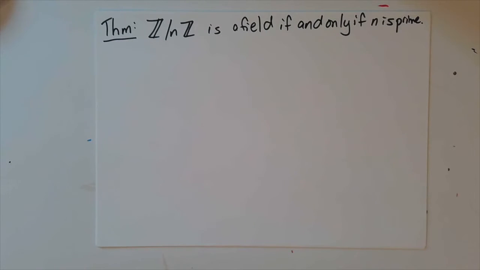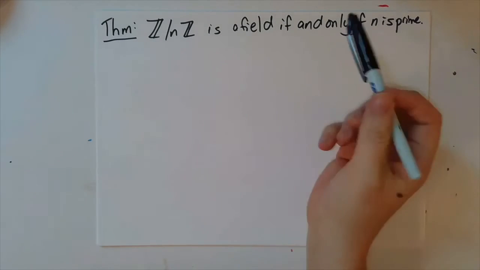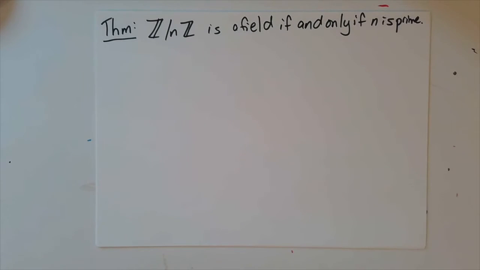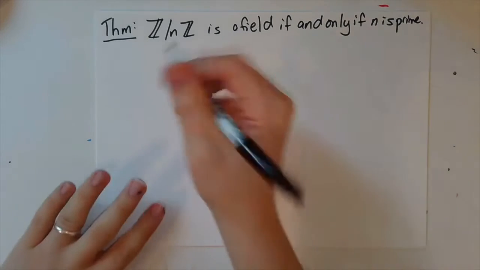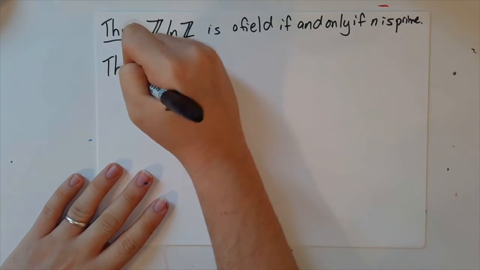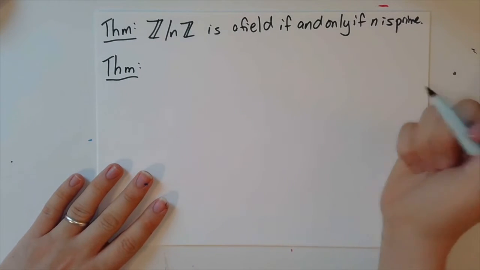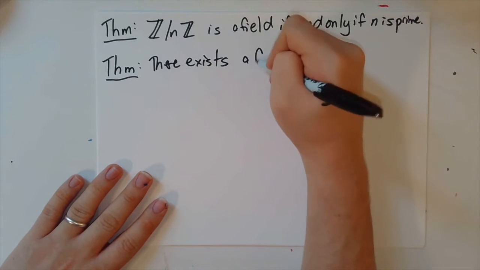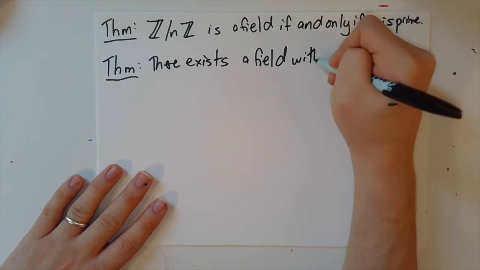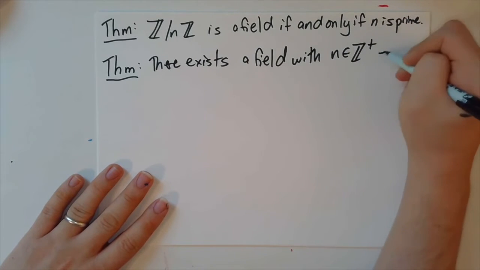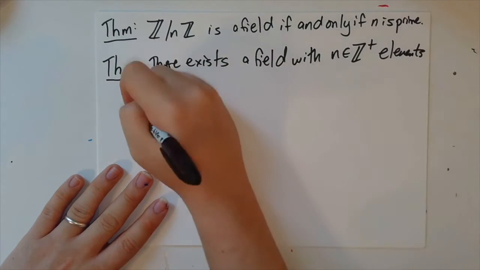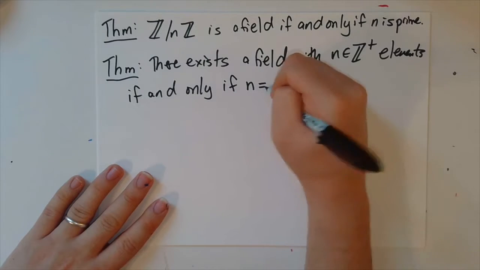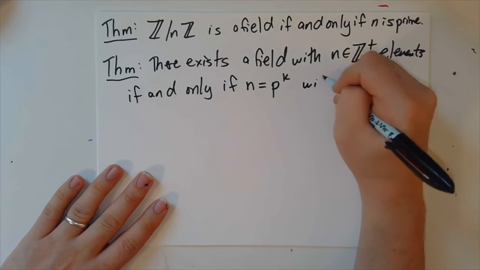But that might raise the natural question, okay, so does every finite field just have a prime number of elements? And the answer to that turns out to be no. And so here is a more nuanced theorem than either of the previous ones, which is there exists a field with n elements if and only if n is p to the k with p prime.